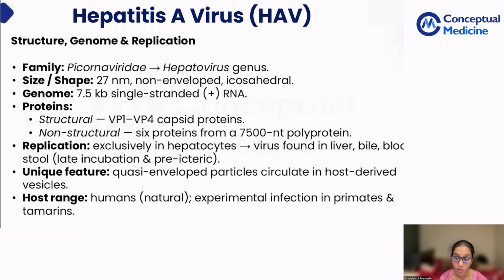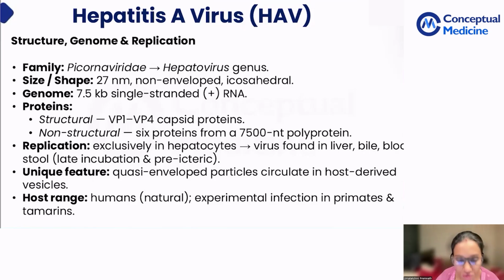Most of the hepatic viruses are hepatotropic, but the damage is usually because of your immune response. Most hepatic viruses means hepatitis A to E, or EBV, CMV.